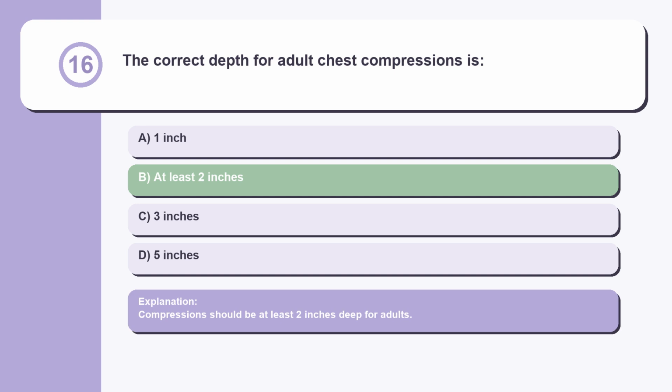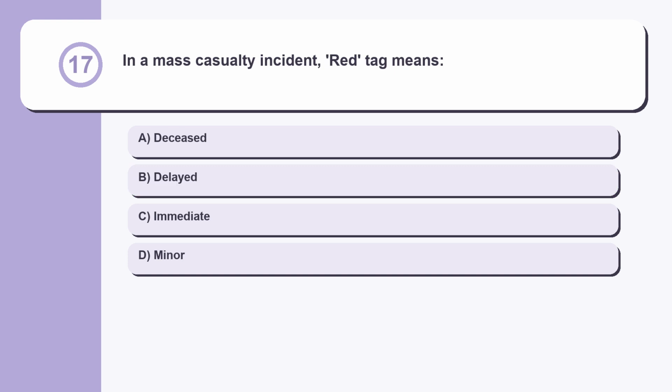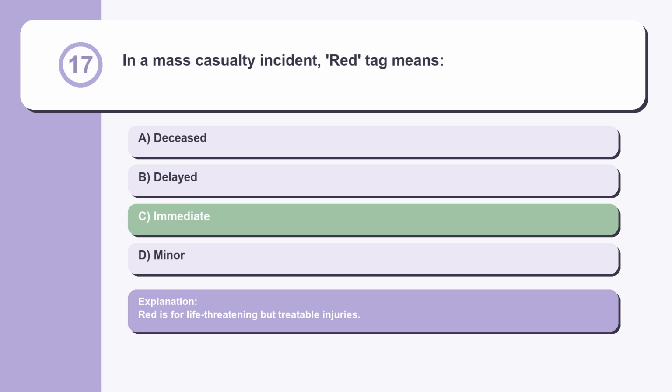Compressions should be at least 2 inches deep for adults. Question 17. In a mass casualty incident, red tag means: deceased, delayed, immediate, minor. Red is for life-threatening but treatable injuries.